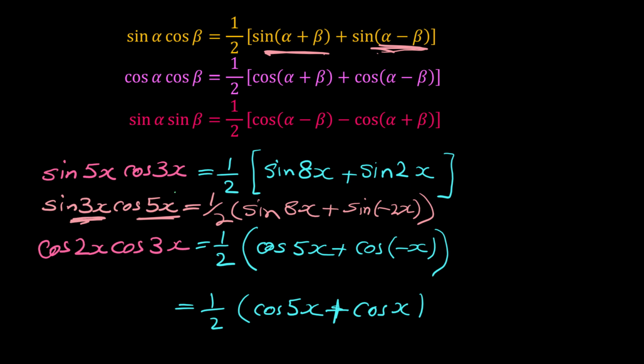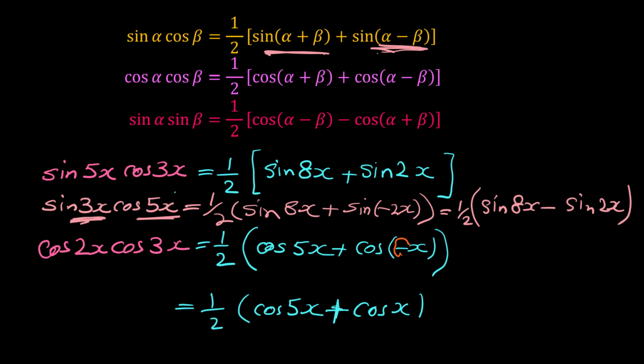If you want to simplify this answer, you cannot ignore this negative. But what you can do with this negative, you can bring it out, and you can put this negative here basically. So here the answer can be written in the form of 1/2 sine of 8x minus sine of 2x. Now you can see the difference.